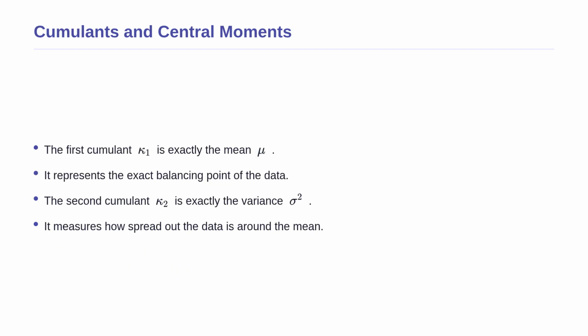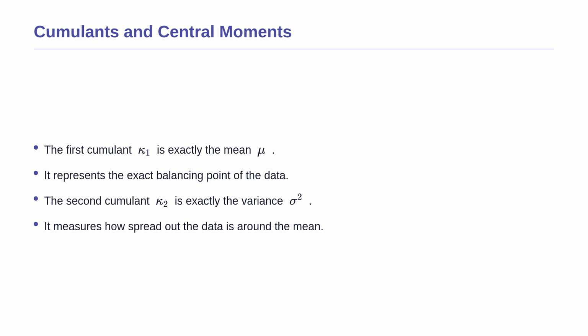Now that we know how to calculate cumulants, we must connect these mysterious values back to the descriptive statistics you already know. The first cumulant is exactly equal to the mean of the distribution. It tells us where the exact balancing point of the data is located. The second cumulant is exactly the variance.